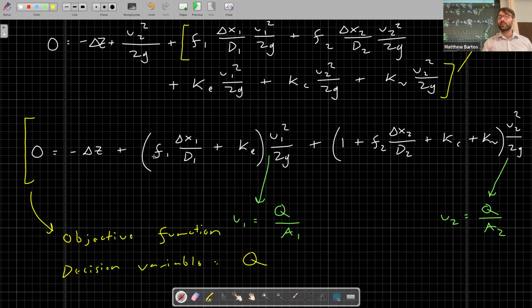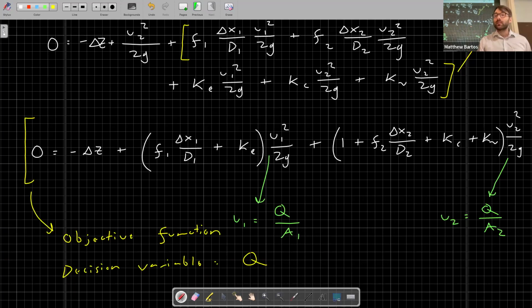So these two losses here depend on the velocity in pipe 1. These four terms here depend on the velocity in pipe 2. And with that, we can solve this problem in a spreadsheet by trying to select values of the discharge that make this equation go to 0. So we're iteratively computing values of the discharge that make this equation go to 0.